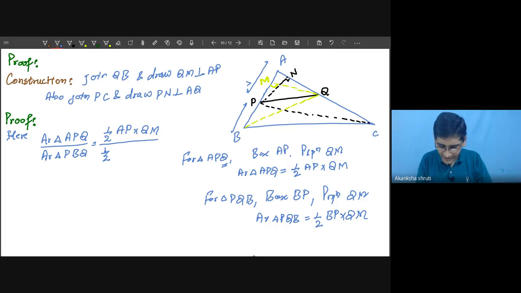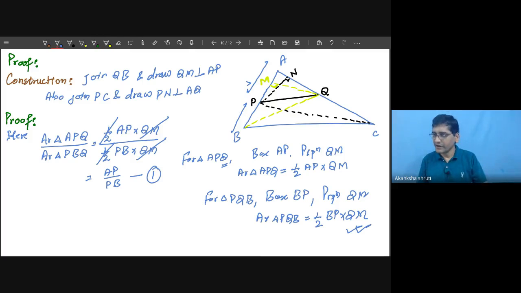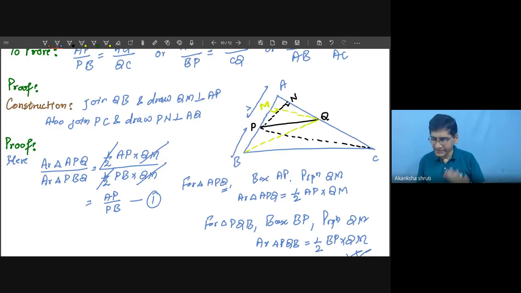In this case, the base that we are going to take is our PB or BP, but the perpendicular is the same QM. Here the half gets cancelled, QM gets cancelled. It becomes AP by PB. Take this as 1. So just draw this construction, write this ratio, it is enough.